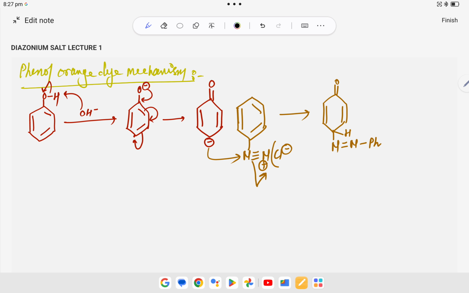In that case, that chlorine is free, that Cl minus approaches the hydrogen, and hydrogen electrons shifted here. If hydrogen electrons shifted here, then these electrons shifted here, and oxygen electron goes back. So what we are getting now?